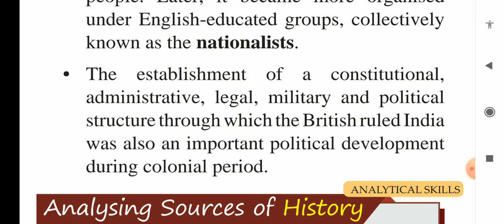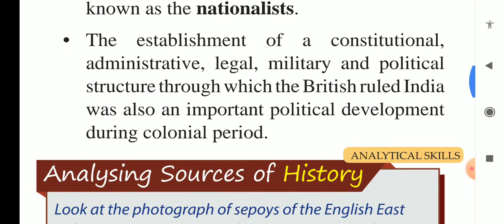But when Britishers started ruling over India, they started practicing a uniform administrative culture, uniform legal culture, uniform constitutional culture. Uniform means same for all, same rules for all over the country, as right now we are practicing, right? Same military culture.